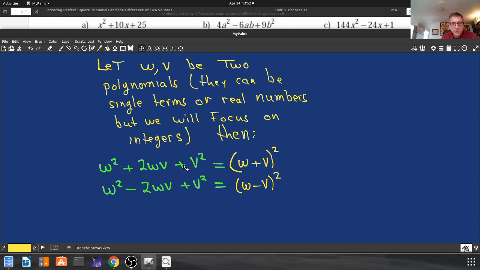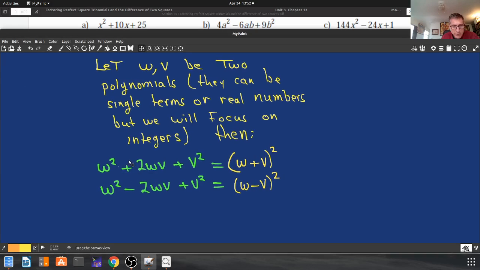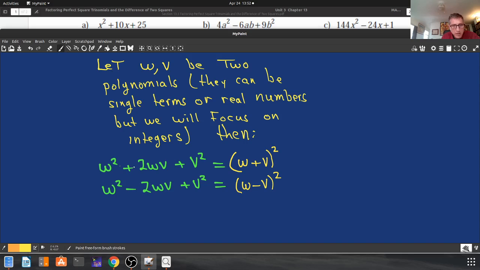If all of those check, depending on the sign in the original, whether it has a plus or a minus, then we can go on to literally just write out the factorization.